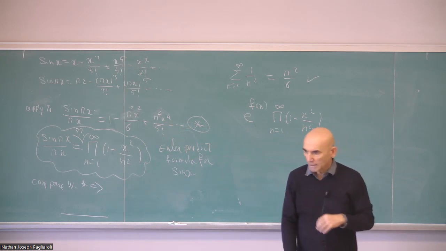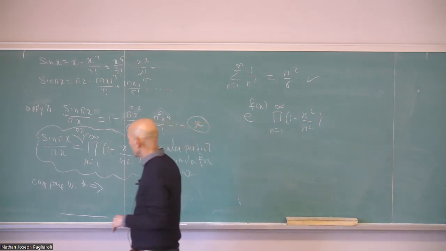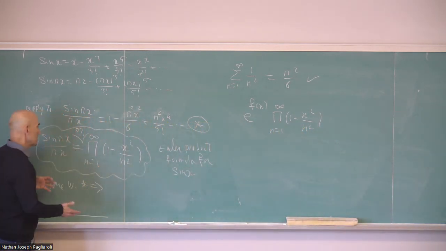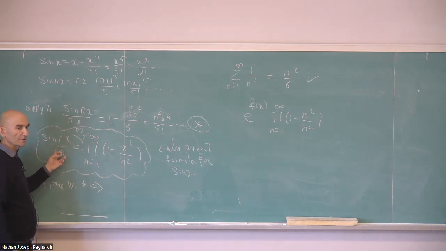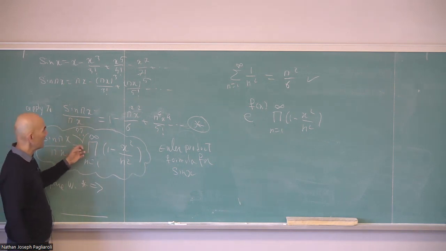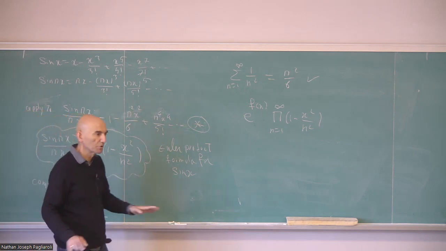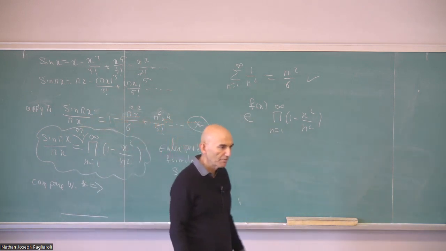So this is the thing. I want you to pay attention to this. You see, the argument is brilliant, and it can be fixed with more theory, complex function theory. If you know a little more about the growth of these functions at infinity, and you know that there can't be any factor here, then the argument is solid, waterproof, and perfectly fine.